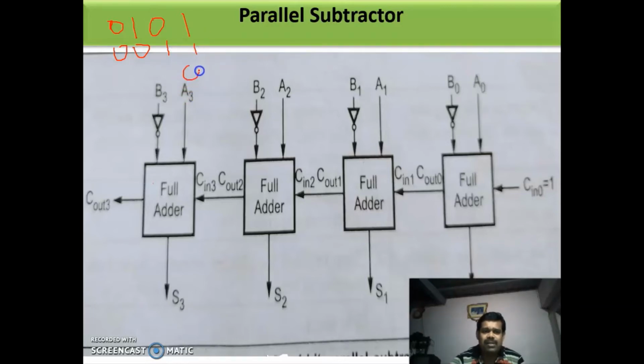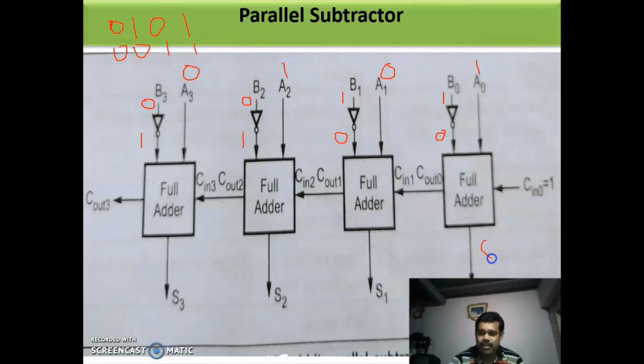So 0 1 0 1, and here you are giving 1 1 0 0. So here the bits get inverted. So what you will be getting here is 1 plus 0 plus 1.